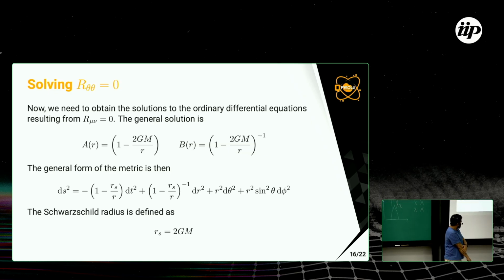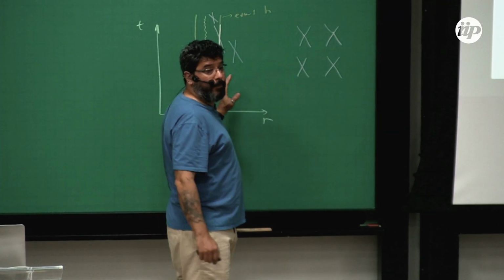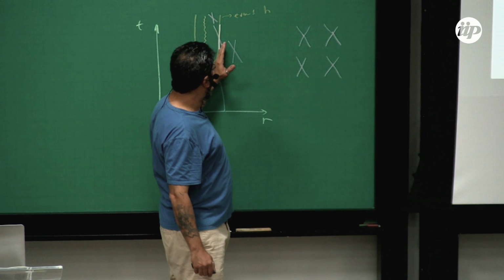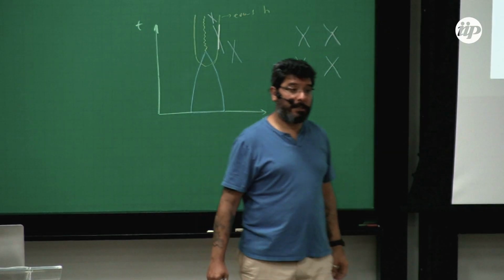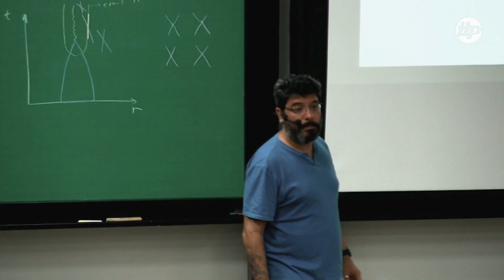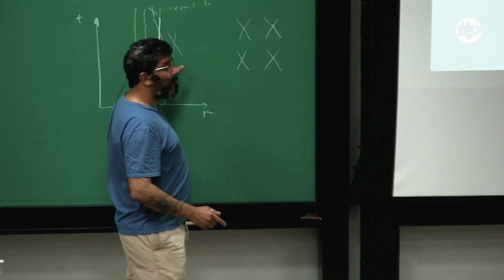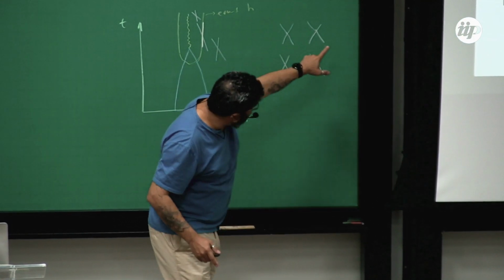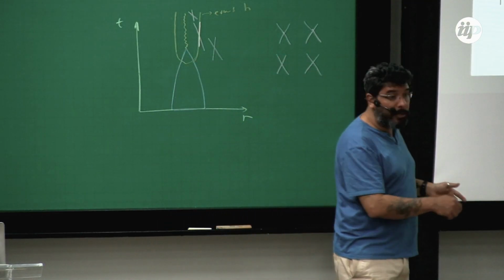And actually the way to define this event horizon is how null geodesics behave at infinity. It is the region from where no null geodesic can reach infinity. That's the formal definition of event horizon, which is different from the horizon of the black hole. The horizon of the black hole is defined here. The event horizon is defined at infinity. The fact that in this particular solution, these guys coincide.